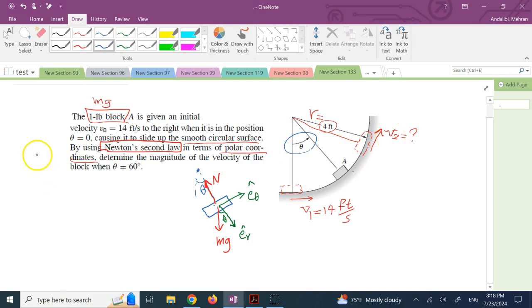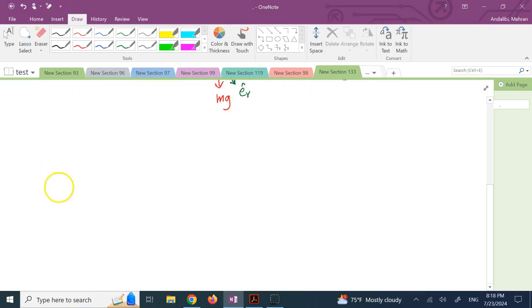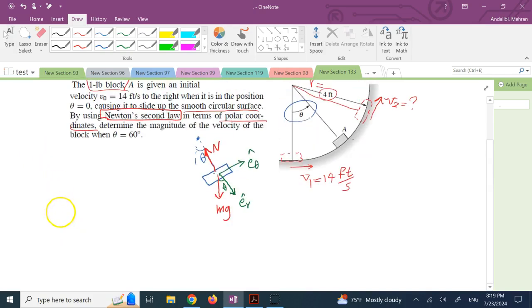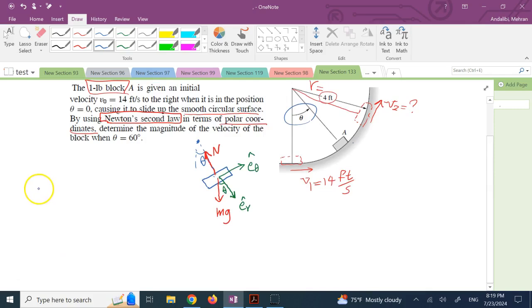So here we have to use the equations of motion in our theta coordinate, and remember that the sum of forces in the r and the sum of forces in the theta direction are equal to... But before I write what they are equal to, we have to first find them. So let's decompose them.